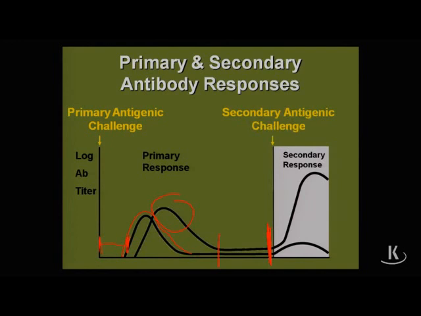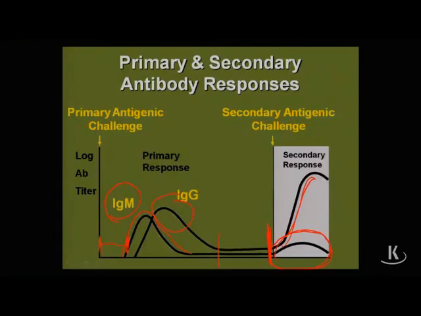Now, during your re-exposure, or what you would call the secondary challenge, and here's the important point, to the same exact antigen, okay, you have a very different response. This is your secondary antibody response, and you can definitely see that predominantly we're looking at IgG in a secondary response. So your primary versus your secondary response, your primary is predominantly IgM, your secondary is predominantly IgG.